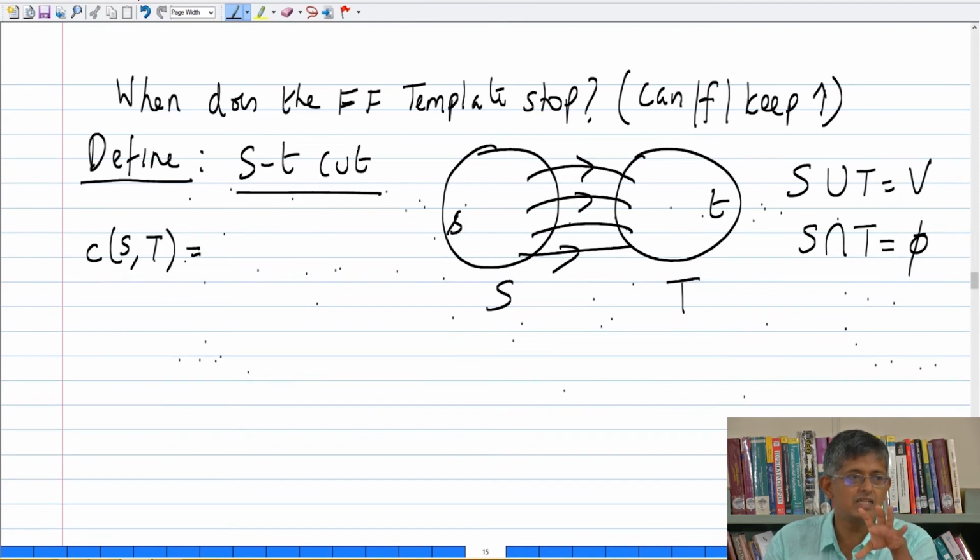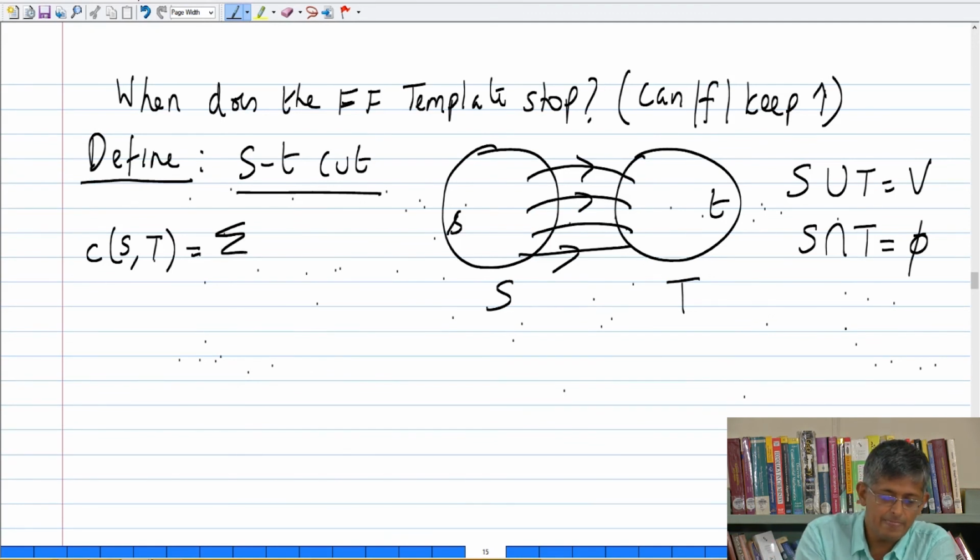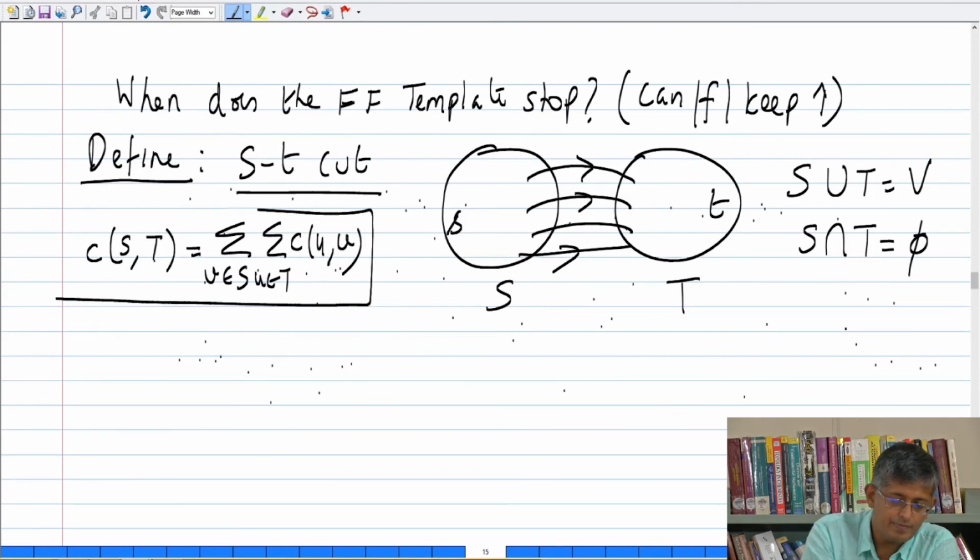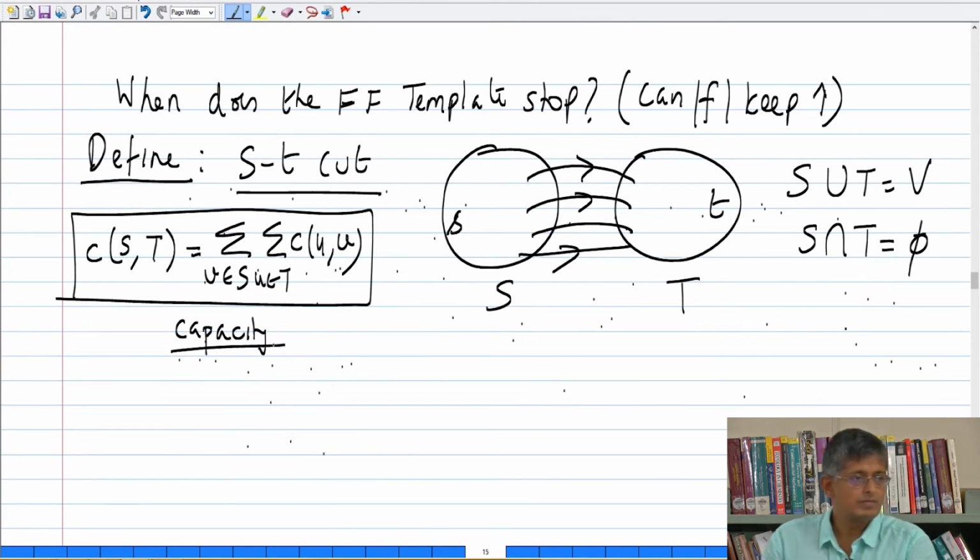Now if you partition a city into two regions, and you have all the roads going across, the sum total of the capacity of the individual roads is considered to be the capacity of that way of partitioning the city into two regions. This is summation v belonging to S, u belonging to T, the capacity of (u, v). So this is called the capacity of the cut.